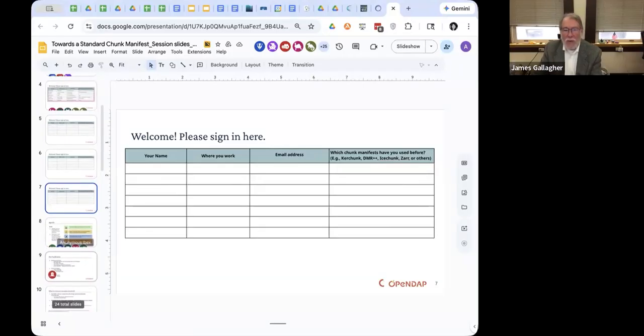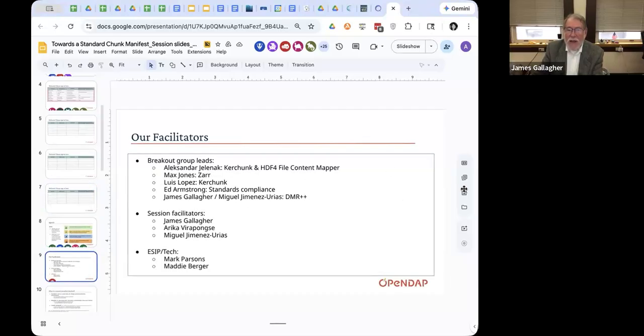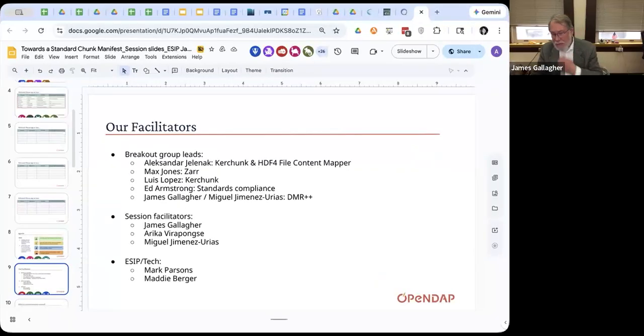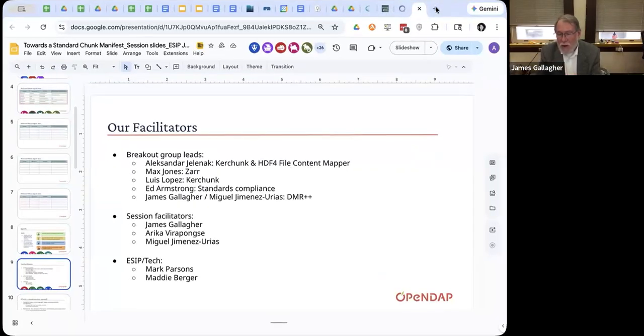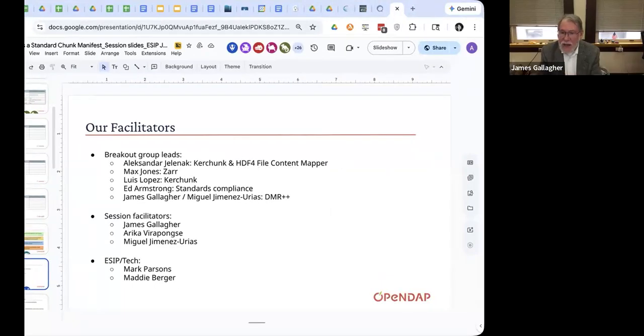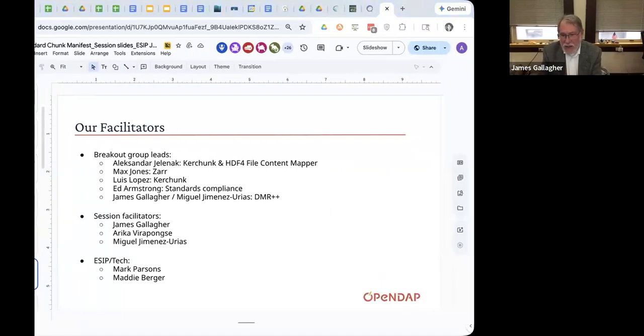So our facilitators, our breakout leads: Alexander Jelinek, from the HDF Group, has experience with Kerchunk and also the HDF4 file content mapper, which is one of the very earliest attempts to create an external metadata representation of the chunks in a data set.